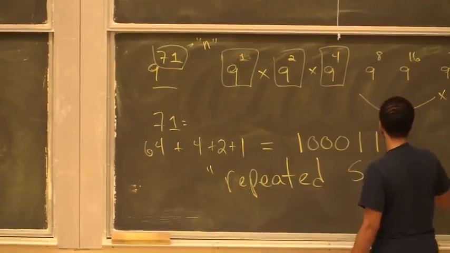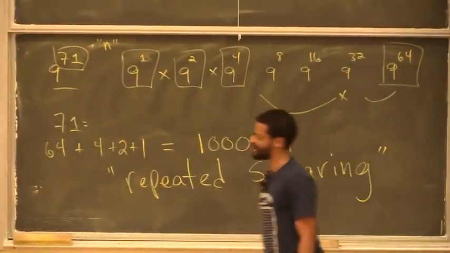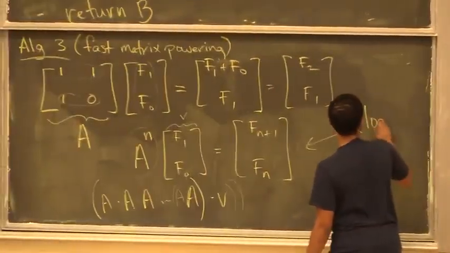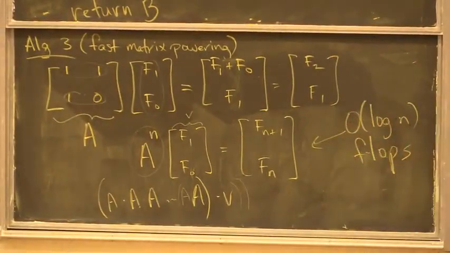Just some jargon as to what people usually call this trick. I can get O of log n flops. Okay, so we went down from exponential in n to log n, and now we're going to do constant.